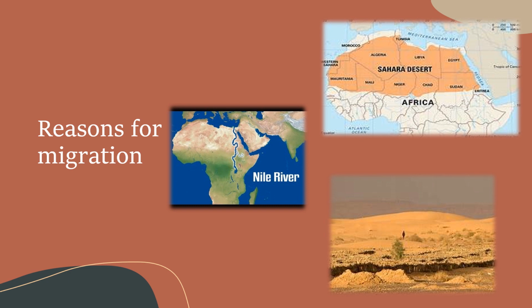After it became dry, they migrated to the Nile Valley area along the riverbank, because nobody wants to starve. They would move in search of food. If the Sahara Desert dried up and there's no food, then there won't be any animals, because the animals need to eat, and then we would end up eating the animals. So the animals moved, then the people moved.